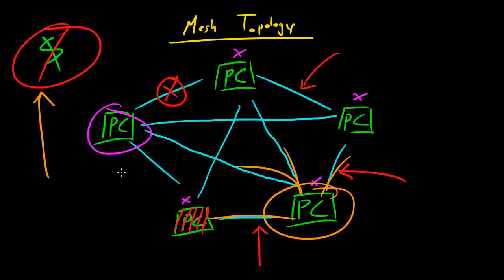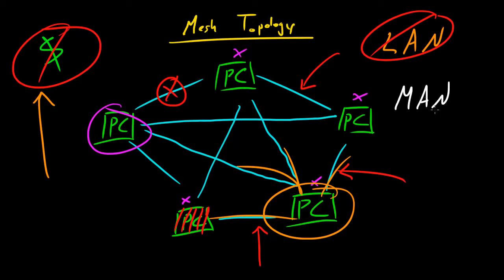So overall, I would say that typically in your home network, this usually isn't in LANs at all because it's very complicated. You're going to often see this in either MAN or WAN because this is really good for big fiber optic networks because they can all communicate with each other.